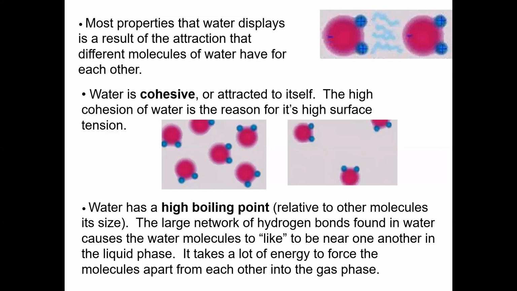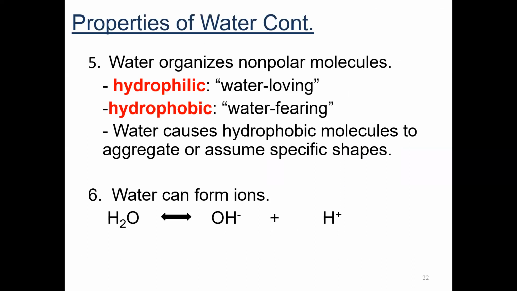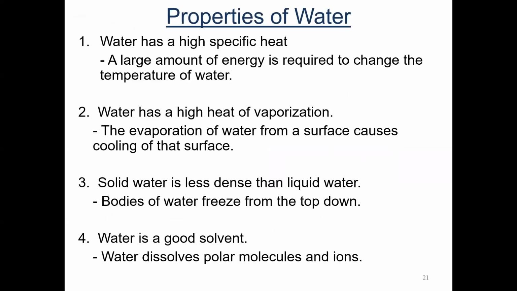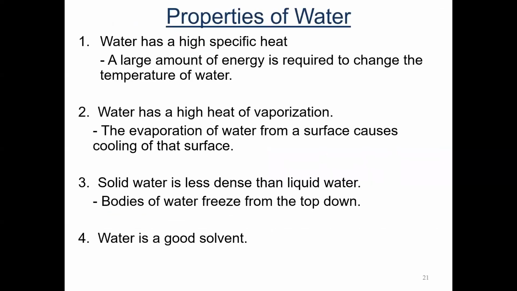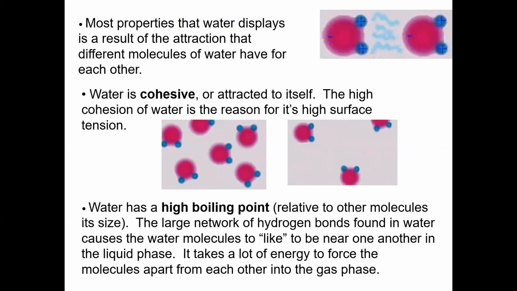Some items can float on water because of the high surface tension. Remember, we said that cohesive nature is what makes the water molecules stick to each other. Those are the cohesive forces, and that is why water has high surface tension, and insects or birds or some objects can stay afloat on top of water.